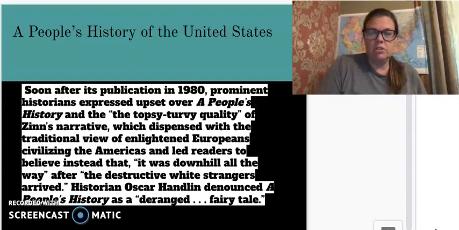Soon after its publication in 1980, prominent historians expressed upset over Zinn's People's History, and they called it the quote-unquote topsy-turvy quality of his narrative. His narrative dispensed with a traditional view of enlightened Europeans civilizing the Americas and led readers to believe instead that, quote, it was a downhill all the way, unquote, after the, quote, destructive white strangers arrived, unquote.